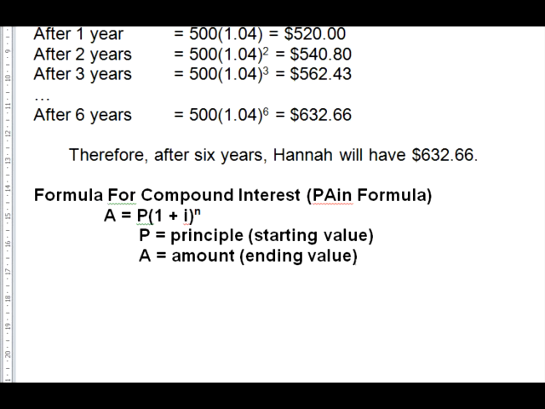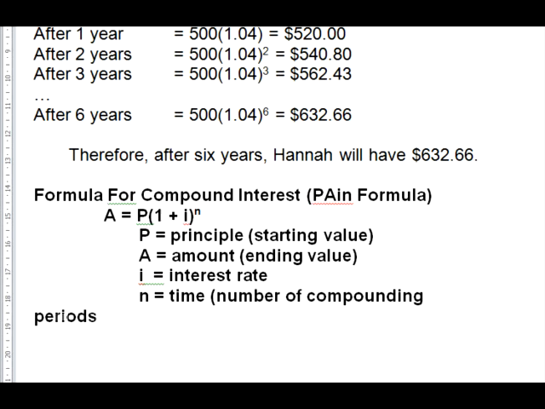Okay, so in the above example, that would be the $632.66. I equals the interest rate and n equals time, which is normally the number of years, the number of compounding periods. Okay, and that's the Payne formula.